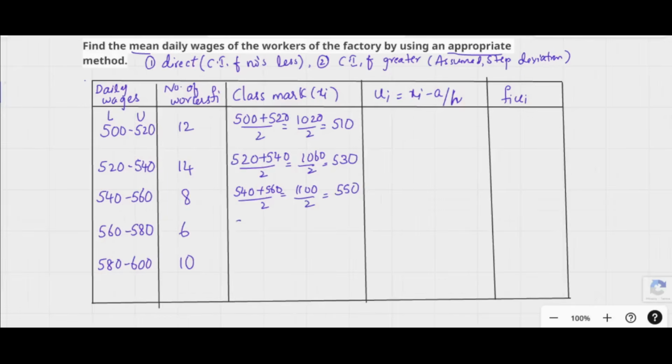Next, 560 plus 580 is 1140, divided by 2 equals 570. Next, 580 plus 600 is 1180, divided by 2 equals 590.